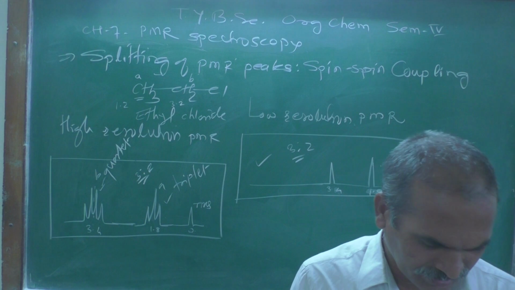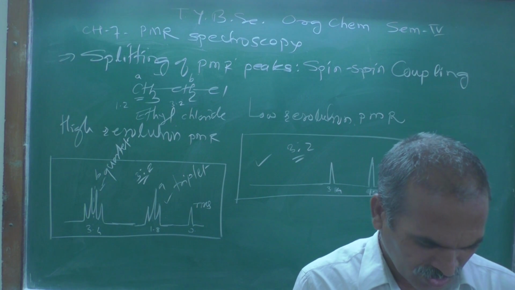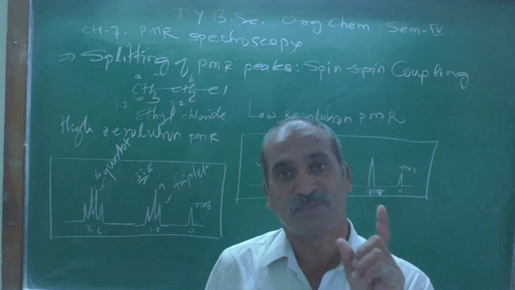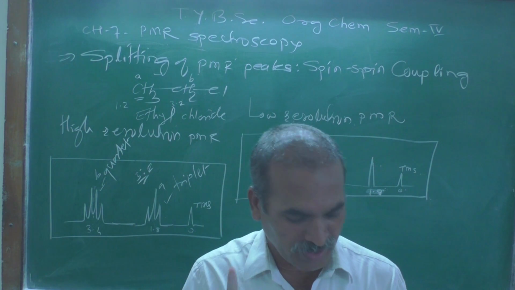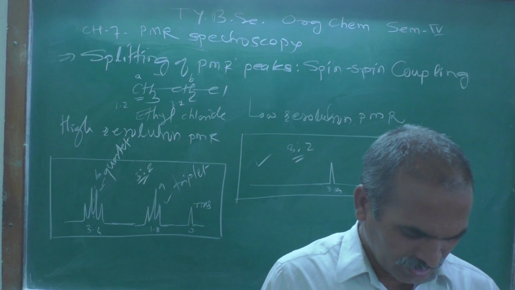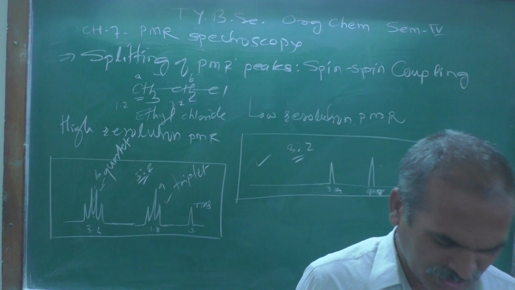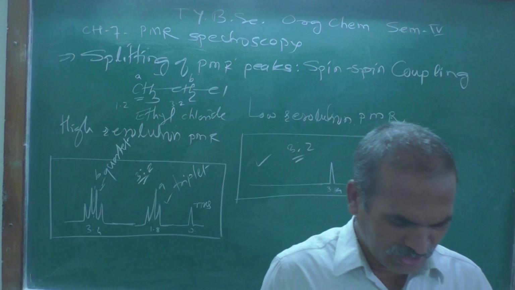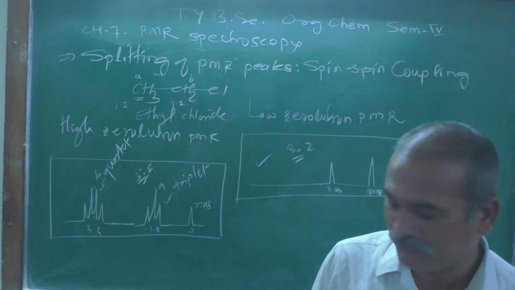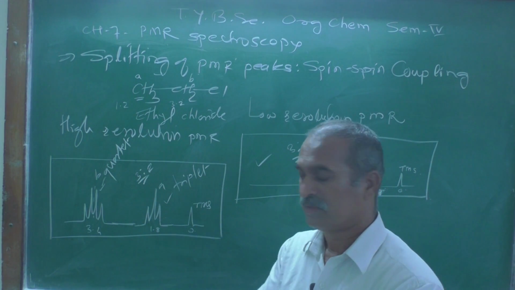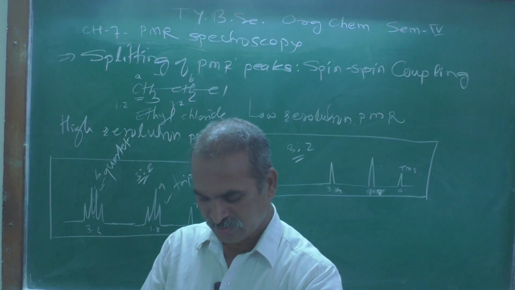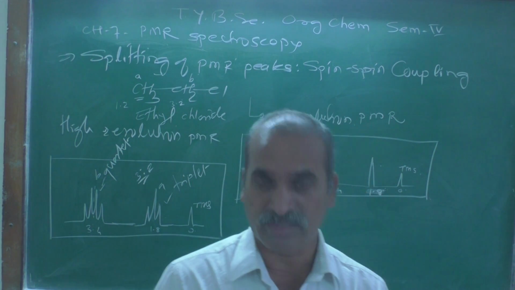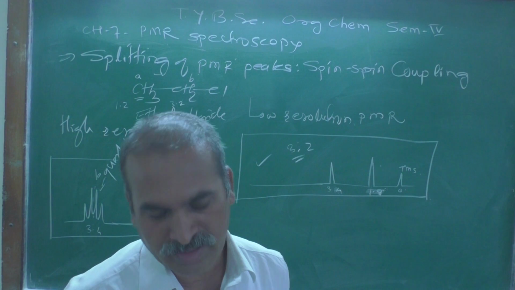The splitting is caused by the spin-spin coupling. Let us now consider how the spin-spin coupling takes place and how it leads to the splitting of the peak. That point we are going to discuss in our next lecture.